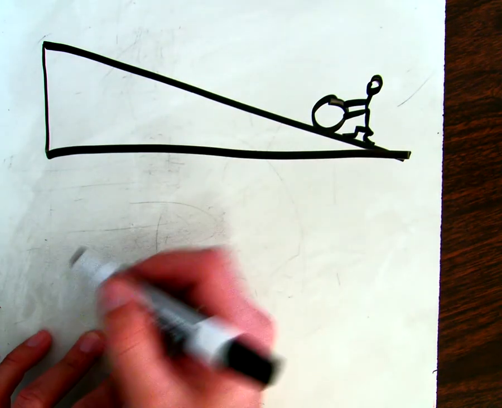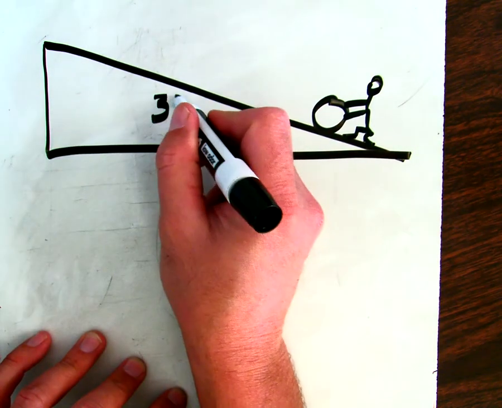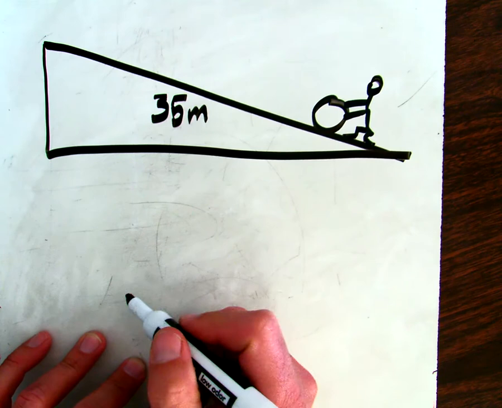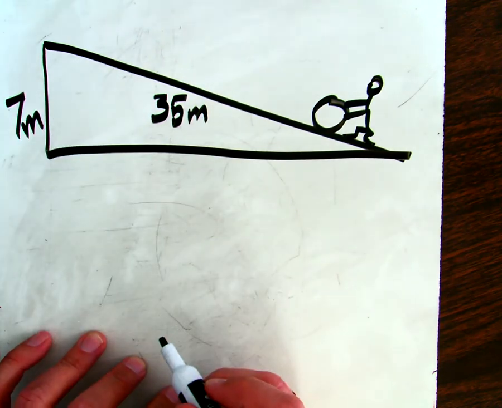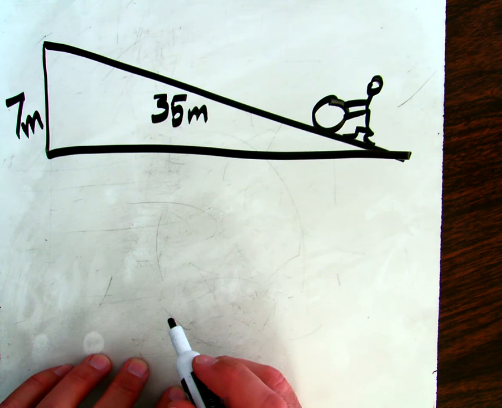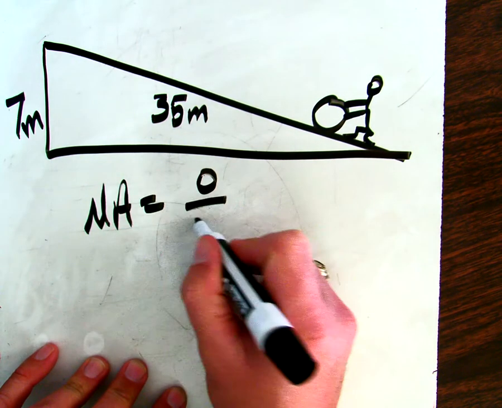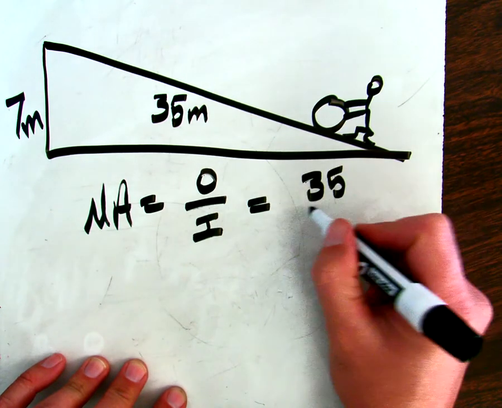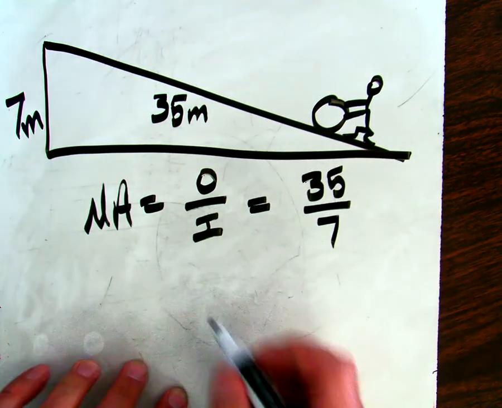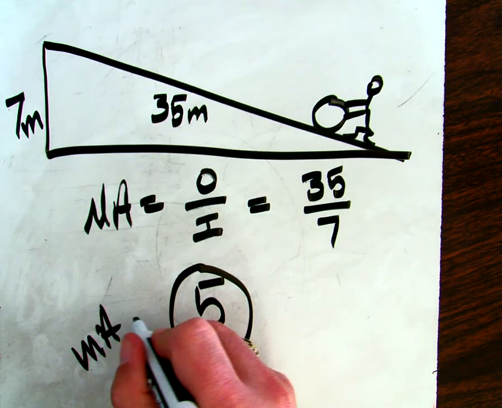He's going to use his wheelchair access ramp, and this ramp happens to be 35 meters long, and he's going to increase the height of the barrel by 7 meters. So mechanical advantage equals output divided by input. In this case, it's going to be 35 divided by 7. So our mechanical advantage is going to be 5.